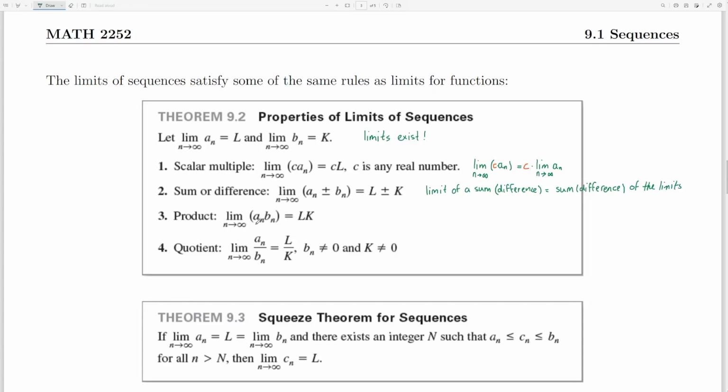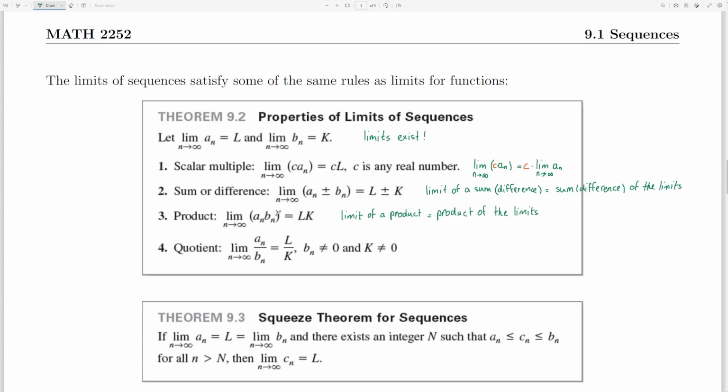Furthermore, the limit of a product is the product of the limits. Again, this holds as long as the limits exist.